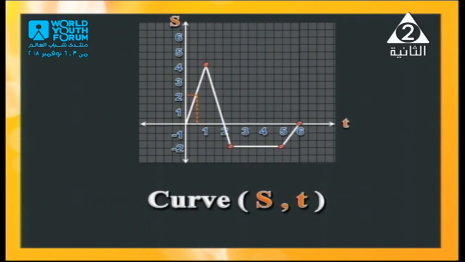Look, my dear student: if t equals 0, s equals 0. T equals 1, s equals 4.5. T equals 6, s equals 0. Understand, my dear student? This ST curve represents the relation between S and T.